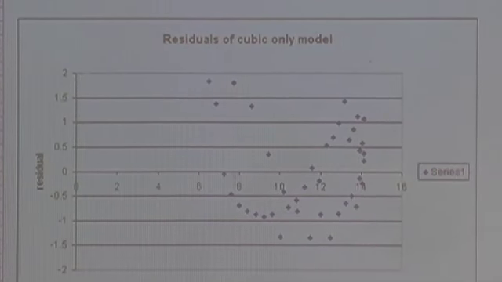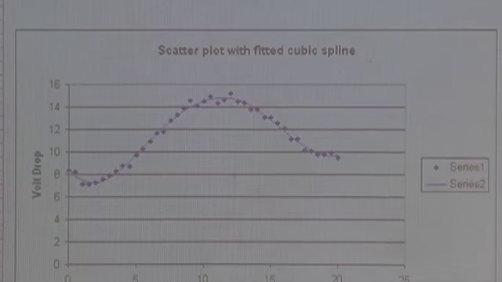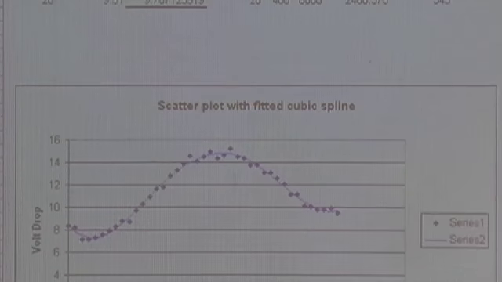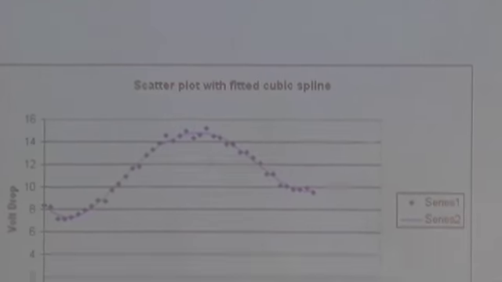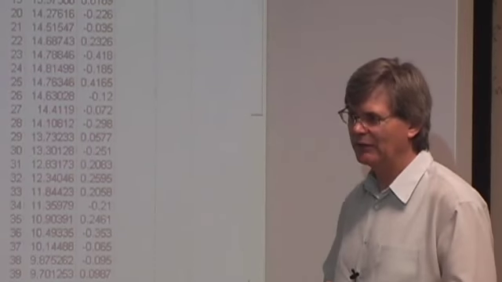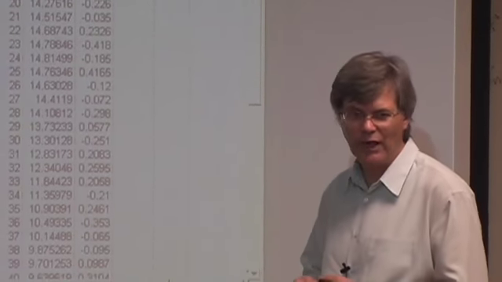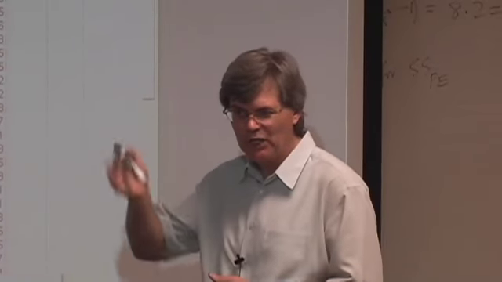Cubic only model. So that's fitting the cubic polynomial to the data, which is reasonable. It kind of has a cubic fit. But this is the cubic spline with two continuous derivatives. That's an amazingly good fit. Now, how did they figure out where to put the change points? Because when you do have a spline, there's points where you change it.